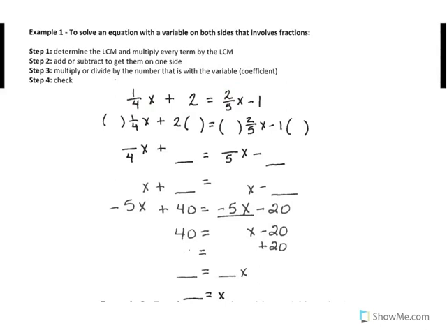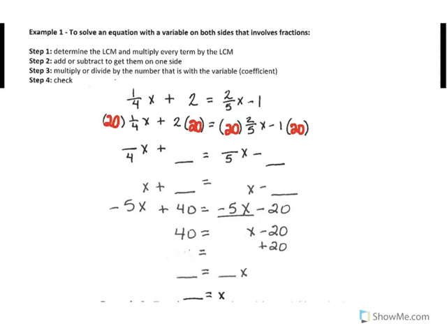So in the next line, I put parentheses there without anything in there so that you can see that we are going to multiply each term by the LCM. Remember, if you have a whole number and a fraction, the only thing you're doing is multiplying the whole number times your numerator.